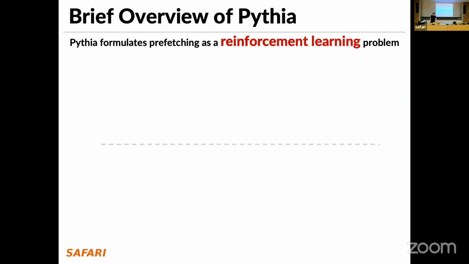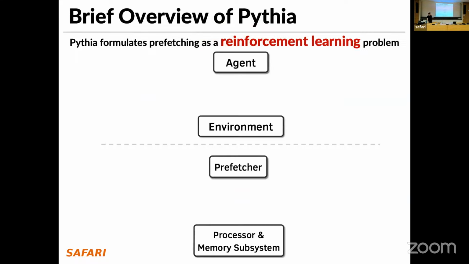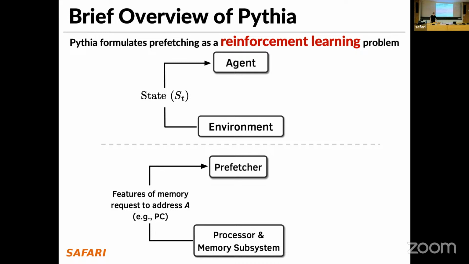How does Pythia do that? I will pull up a quick comparison to the general reinforcement learning approach. So instead of the agent that we had previously, and instead of the environment, we now have the prefetcher and the processor memory subsystem, but it generally mirrors this. Instead of a state, we now have the feature of memory requests and the address that we're currently accessing.